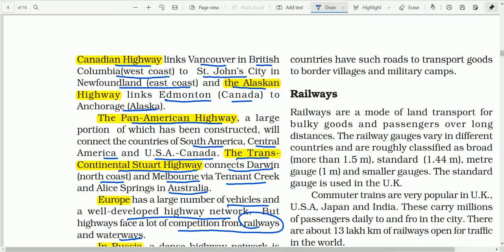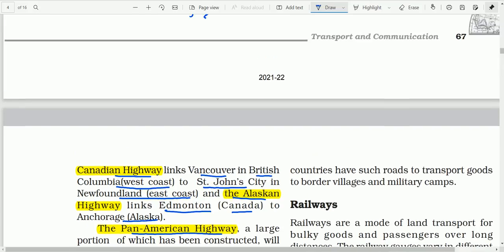Border roads connect, say for example, this is a country, and here this is the capital, and along the border there may be villages, and so here there may be a road connecting all the villages, and it may be connected by highway.